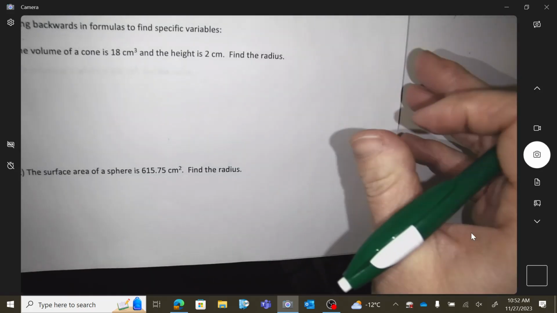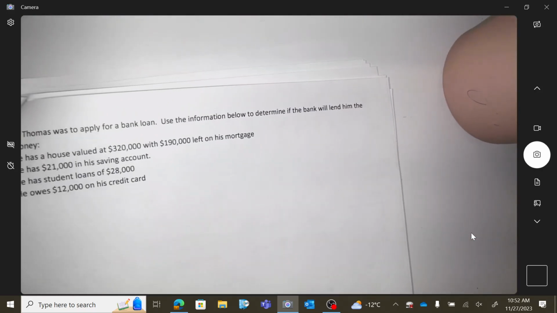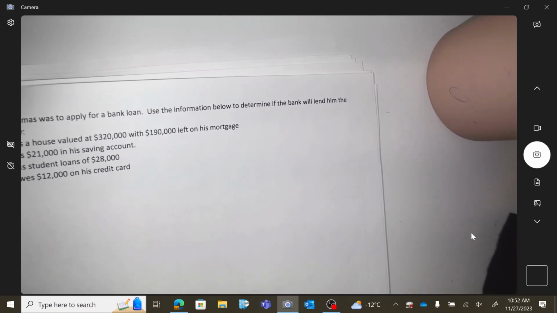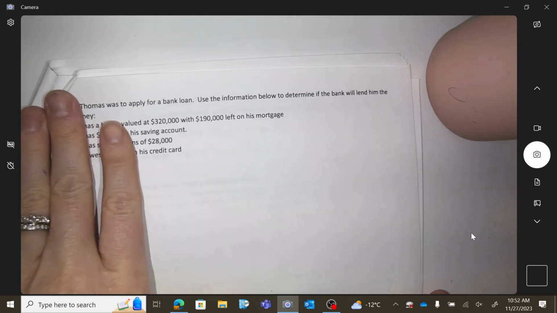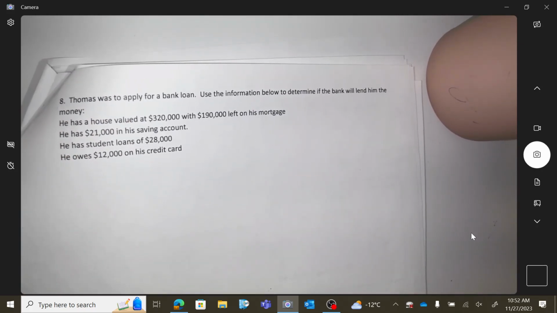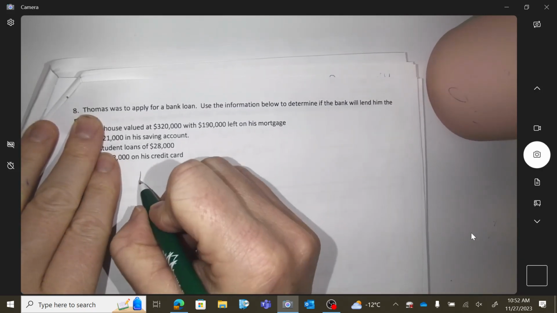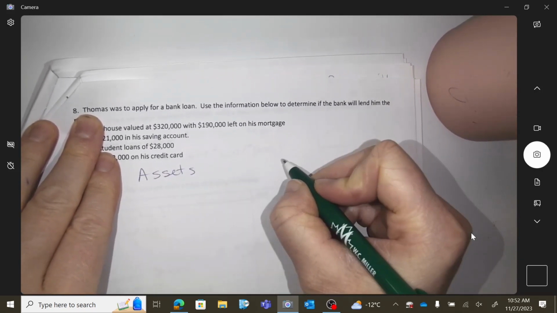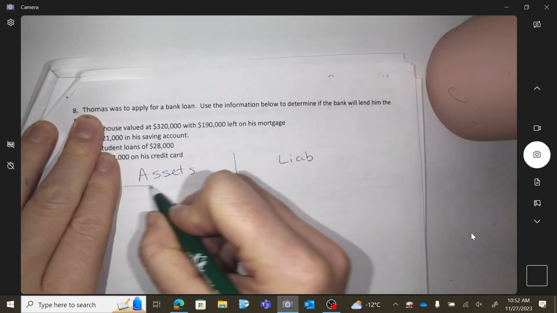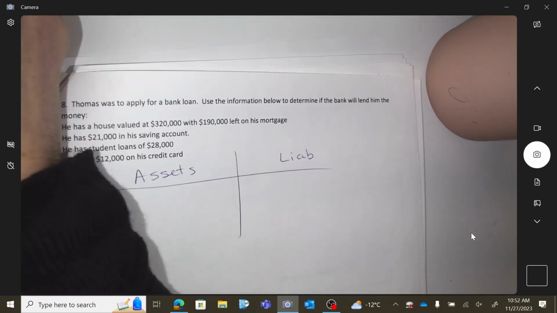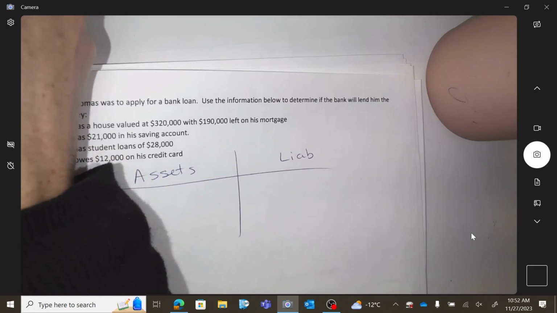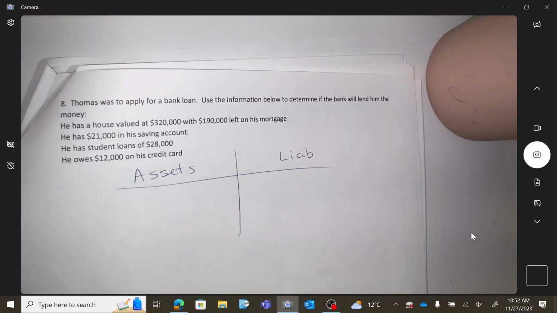Okay, last question. Okay, we have some approval questions. So wanting to go for a bank loan. Let's talk about assets, liabilities, and then you have a formula that you would get on your test.